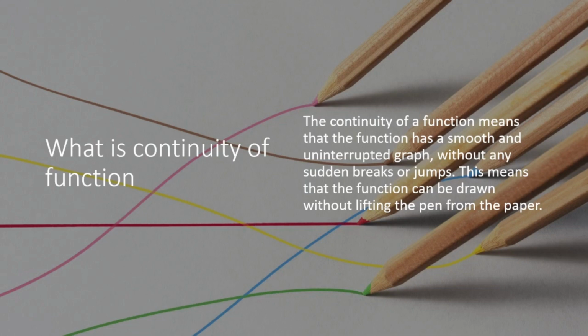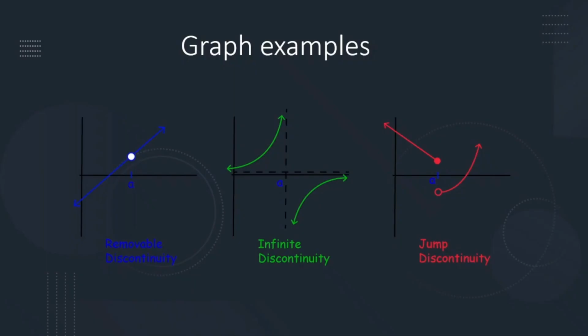I will give you examples of graphs now to understand it more. Here are three types of discontinuity. First of all, removable, which is here. It means that only in this point, for example here at the point A, you don't have the value. Here, the limit doesn't exist.